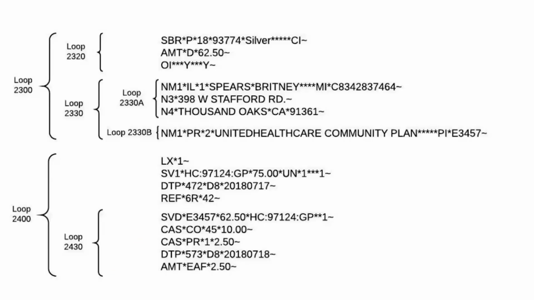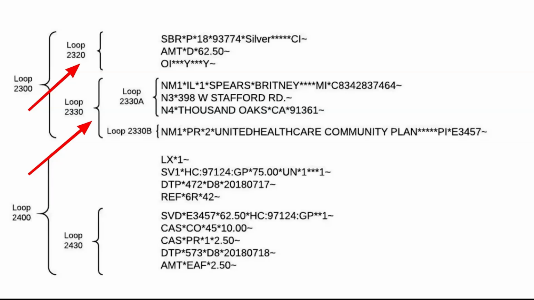So you see this claim has loop 2320 that represents the other subscriber on this claim, then loop 2330 for the other insured and other payer information.